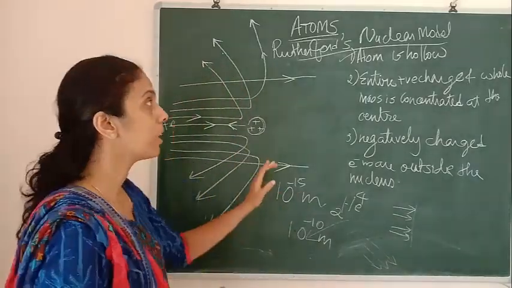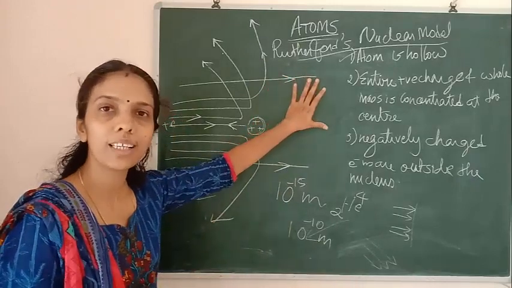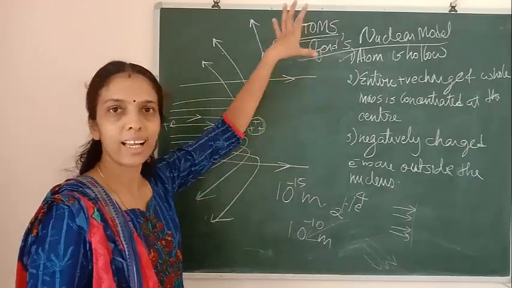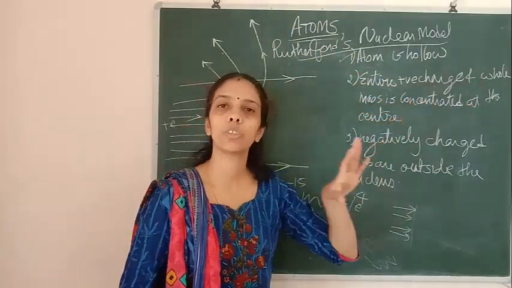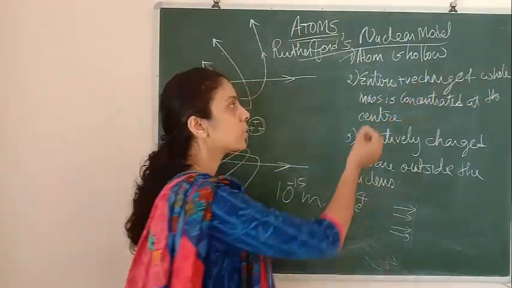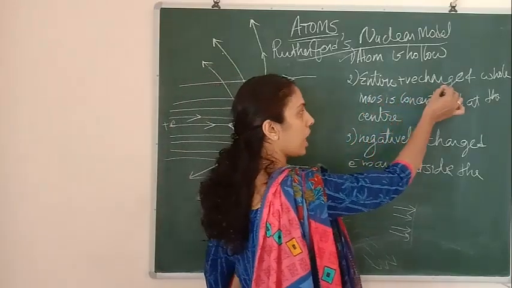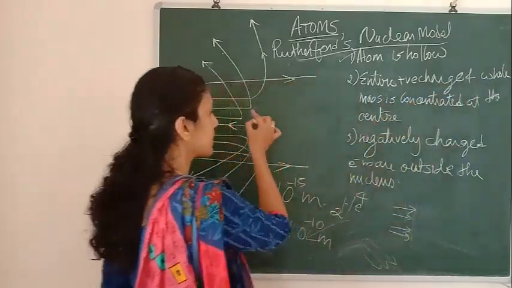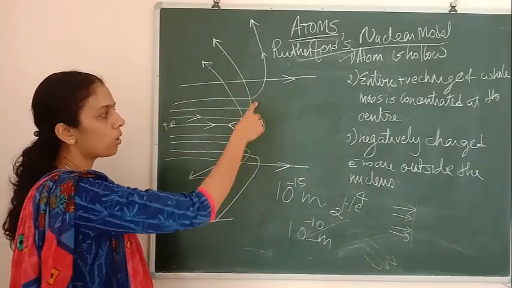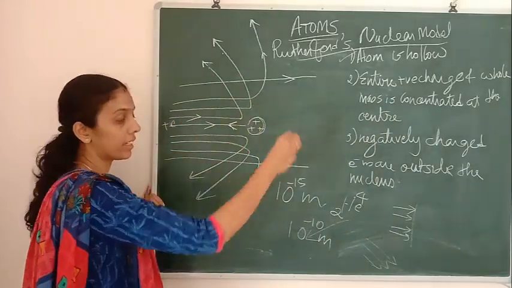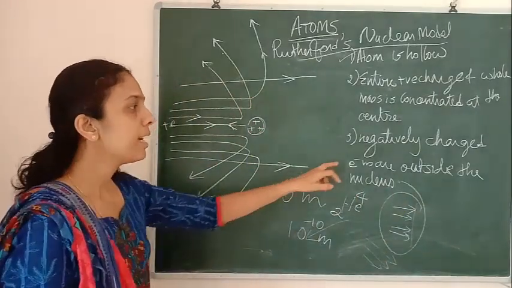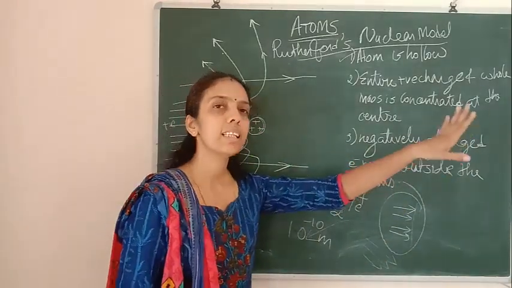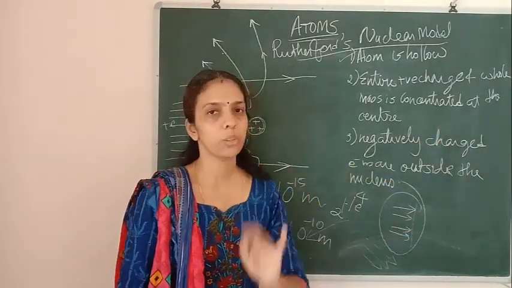That is why when we ask who discovered the nucleus, we say Rutherford, because he gave a valid explanation for the nucleus. So almost all other space is vacant, and that is why we get more scattered light over there. Then next, negatively charged electrons are outside the nucleus.